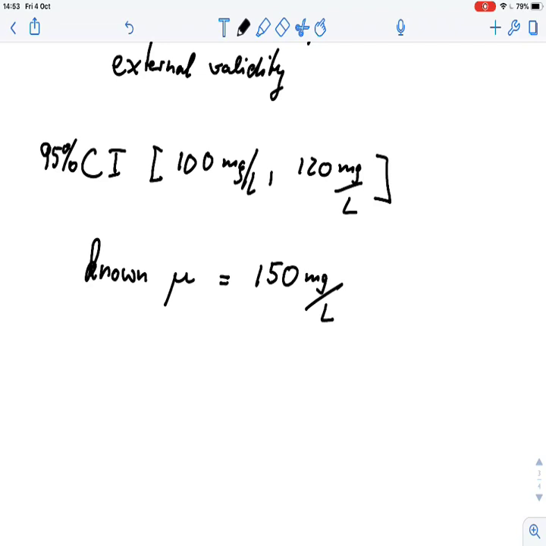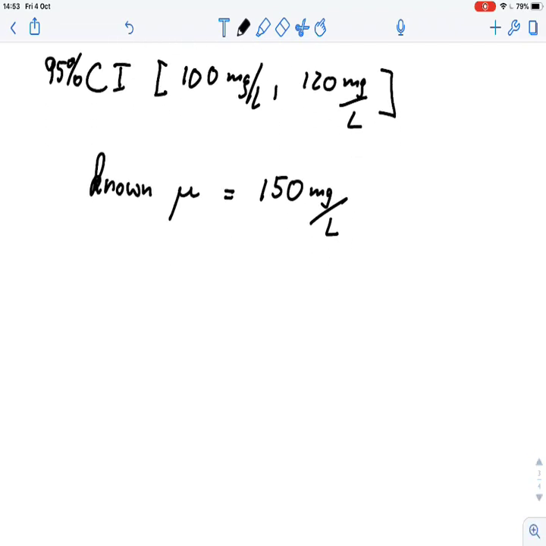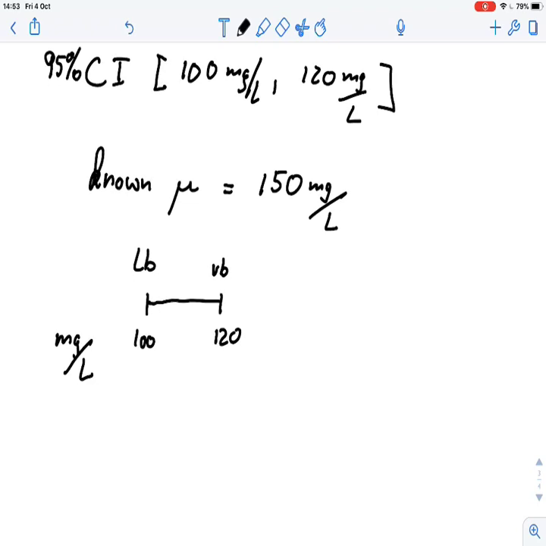So what does that look like? I have my confidence interval, with 100 as the lower bound and 120 milligrams per liter as the upper bound, and I find that the true population mean is somewhere out here.